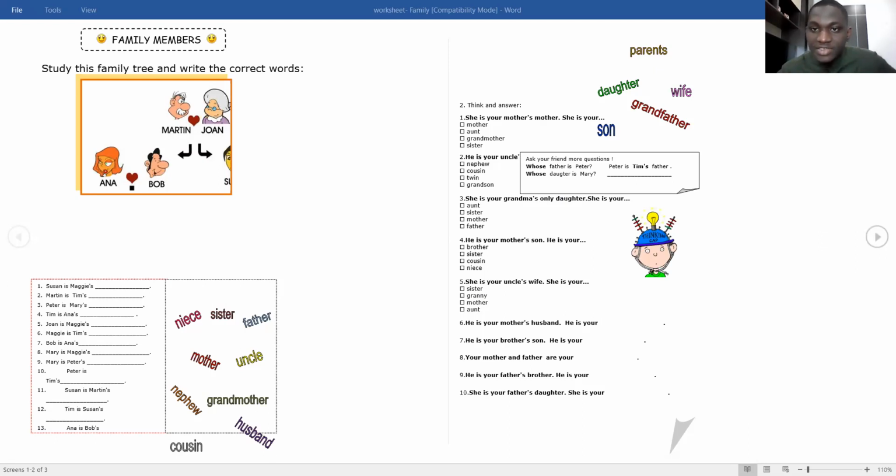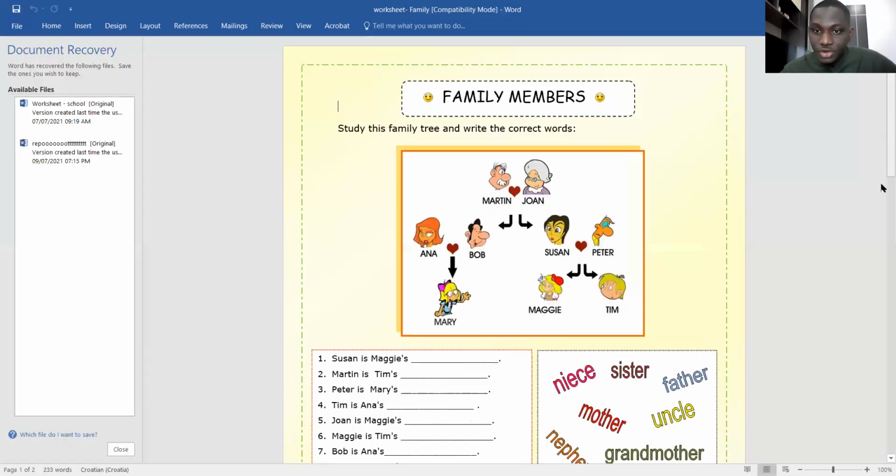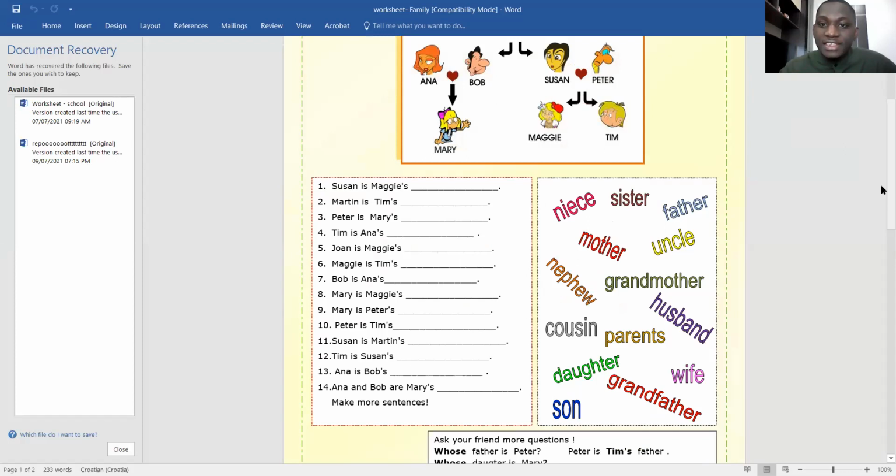If you look at the family tree, I'm going to explain these words to you. One is niece, N-I-E-C-E, niece.